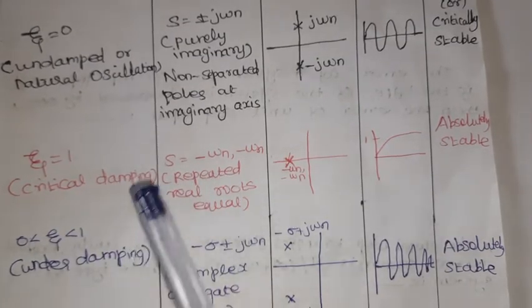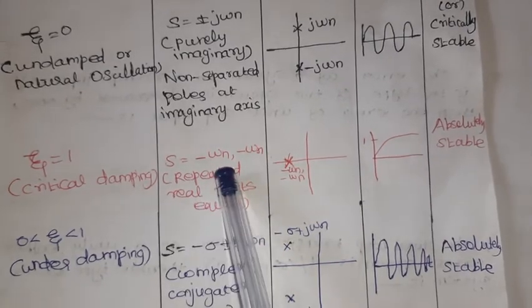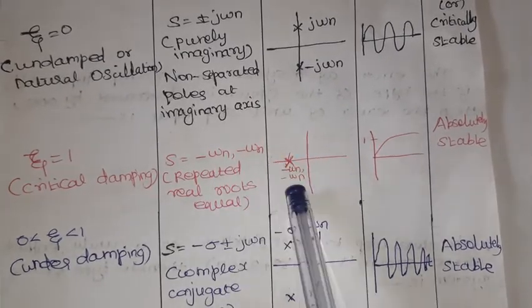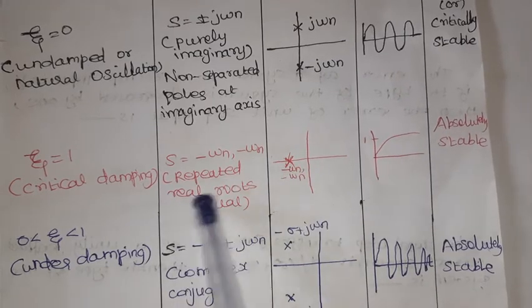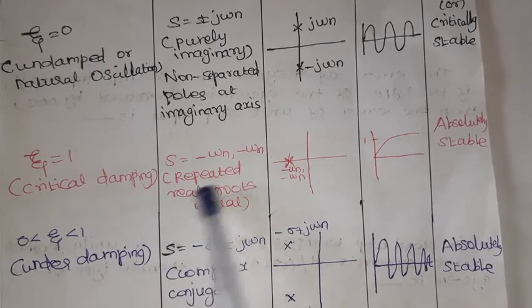For critical damping, what is the nature of the closed loop poles? S equal to minus omega n, minus omega n. Repeated equal real roots.